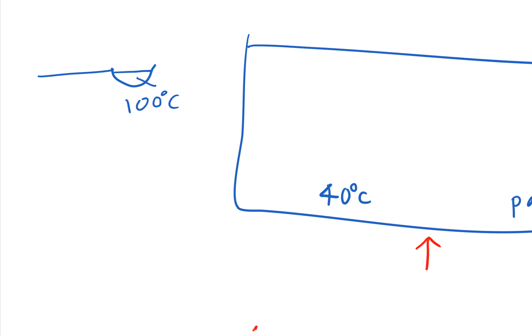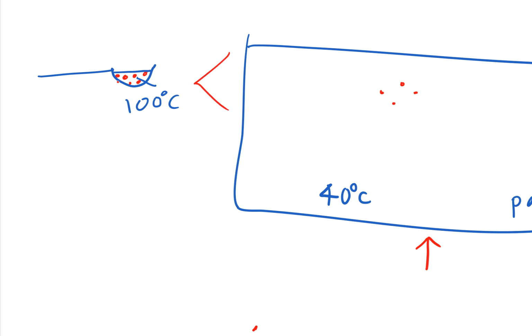So although this one, if we look at every particle, it has got a larger kinetic energy, but because it's only one spoonful, there are only very few particles. Whereas for the swimming pool, although the kinetic energy for every particle is not a lot, because there are so many particles, when you add up together, this will be more than this.